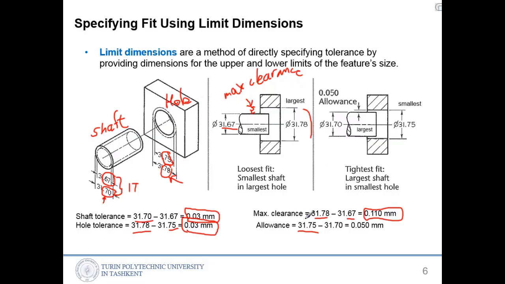So 75 minus 70 is 0.050 millimeters. So that we call allowance. This is the tightest fit that is possible, with the smallest distance. That is what we call tightest fit.